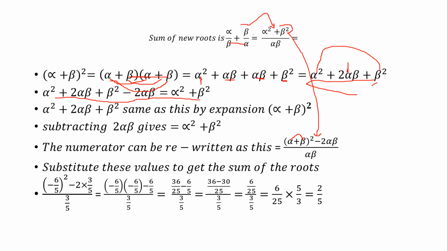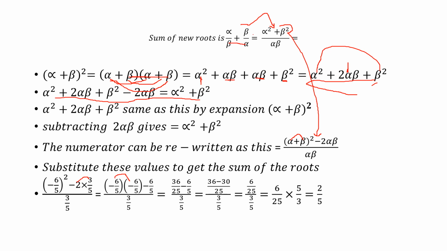So simplifying this one, the square is in two places. So we have minus 6 over 5 times minus 6 over 5 minus 2 times 3 over 5. Minus times minus gives plus. Don't mind the noise, just focus on this. So 6 times 6 gives 36, 5 times 5 gives 25, minus 6 over 5, over 3 over 5.